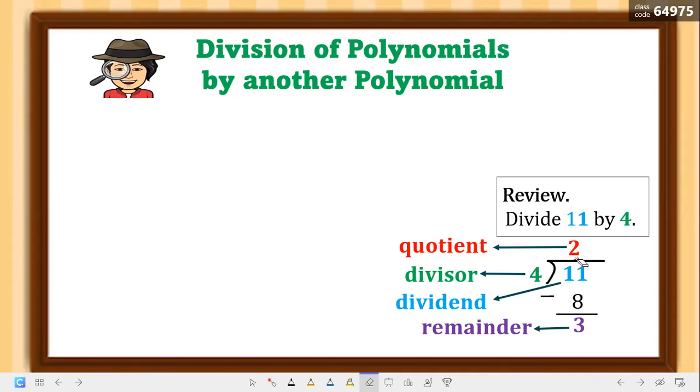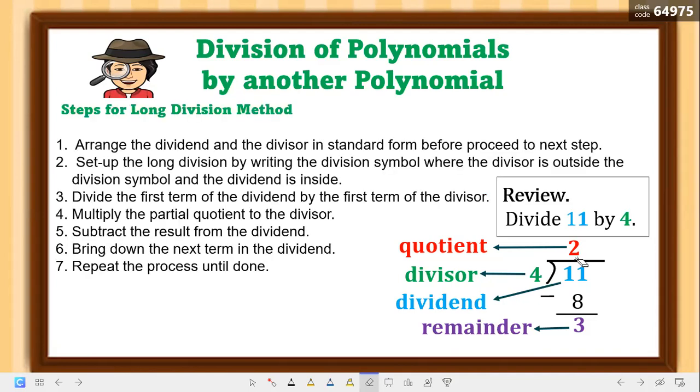Ganon din po sa pag-divide ng polynomials. So, but here, can you read the steps? Pakibasa nga natin si Lance Dominic Reyes. Step 4, long division method. 1. Arrange the dividend and the divisor in standard form before proceeding to the next step. 2.